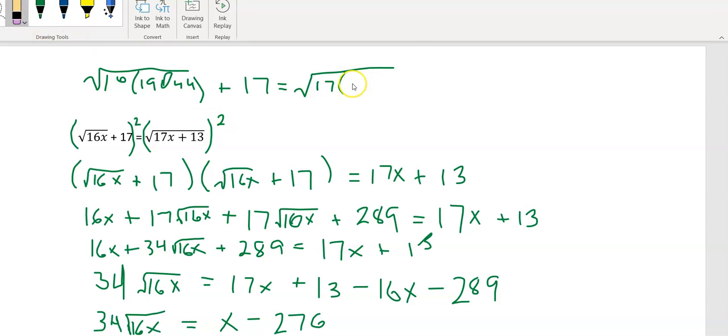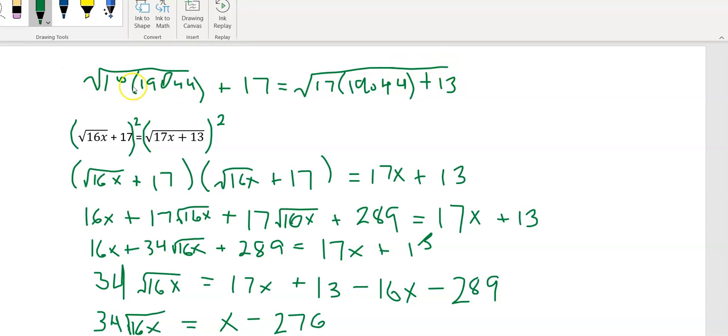I'm thinking of the other solution. I just want to plug in 19,044 plus 13, and I'll extend that radical over the top of it in a second.